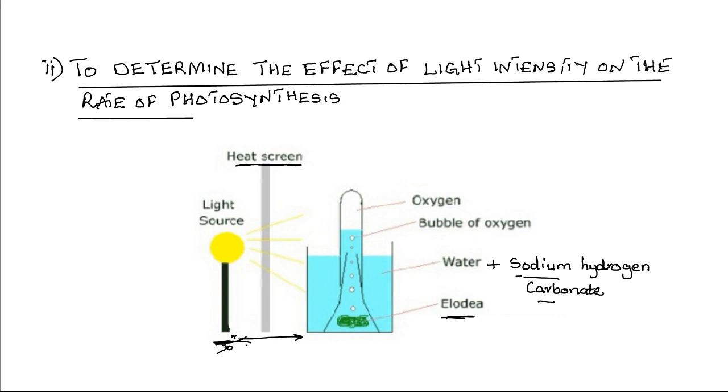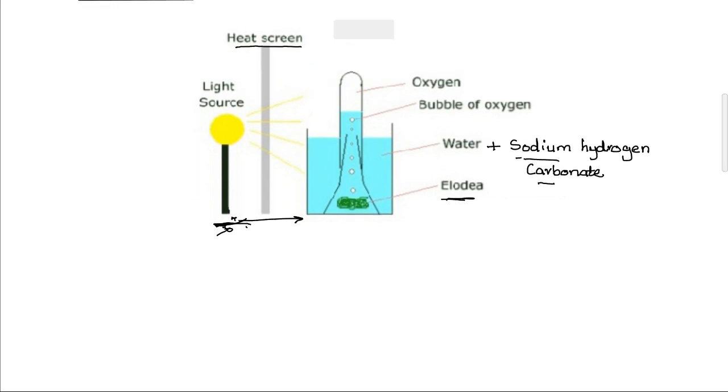So the same experiment can be used through modification to investigate the effect of carbon dioxide concentration on the rate of photosynthesis. For example, by using known quantities of sodium hydrogen carbonate, and therefore we know an estimation of the concentration of the CO2 in the water, we can then determine the rate at which oxygen is being produced by keeping the light intensity constant and also the temperature constant.